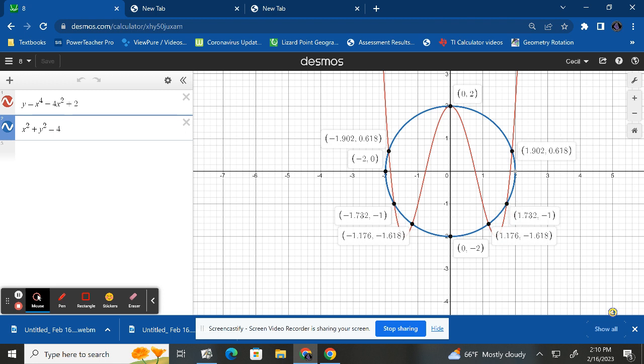And there's my final intersection. Should have 7 where they intersected, because remember, this was not one, nor was that. So there are our 7 intersections. Pretty cool. You can imagine how difficult they would be to do if you were doing it by hand. So here, Desmos really does help us see the points of intersection.